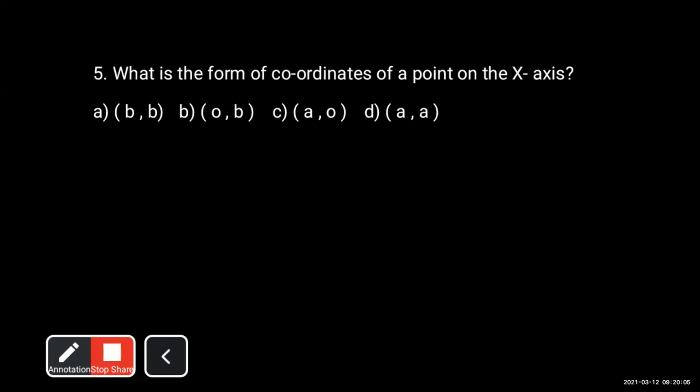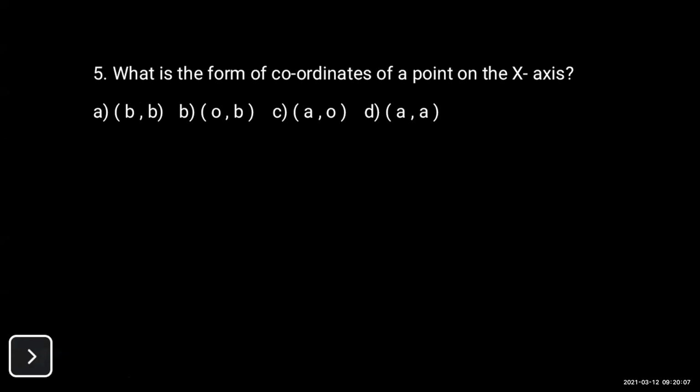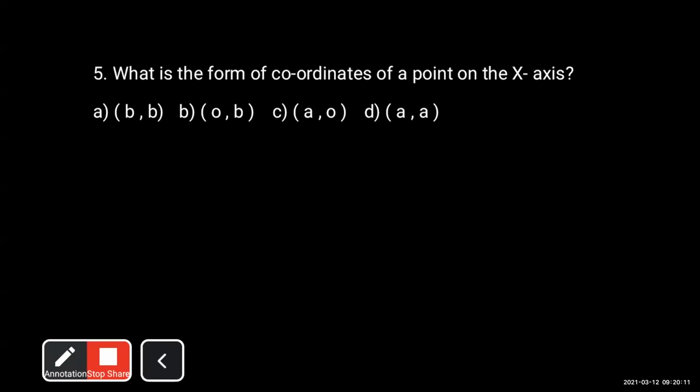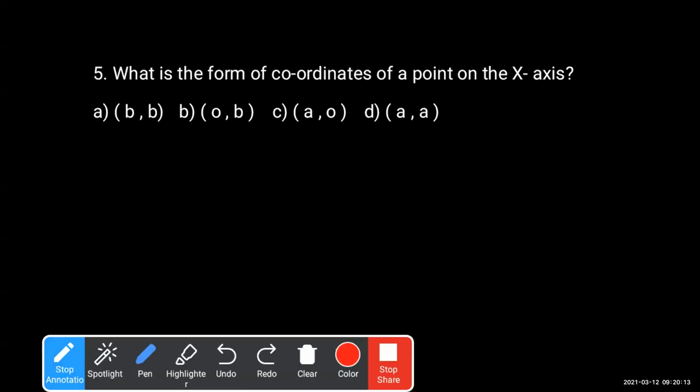Next one. What is the form of coordinate of a point on the x-axis? Now here, 4 different forms they have given, but you have to find out which is the correct form of the coordinates of a point on the x-axis.